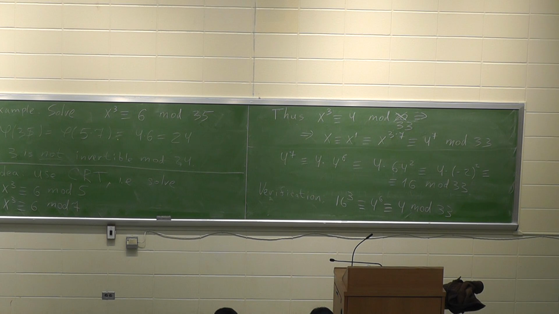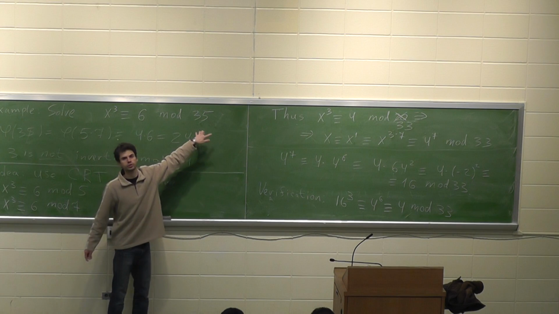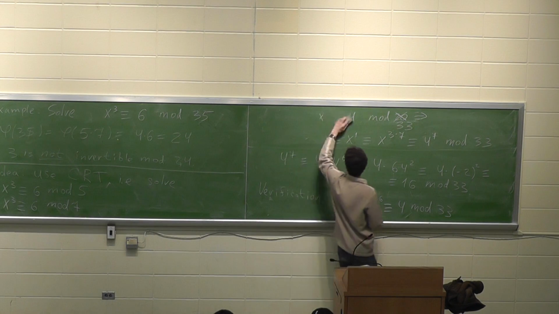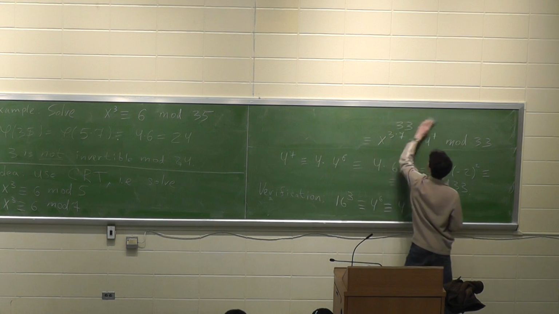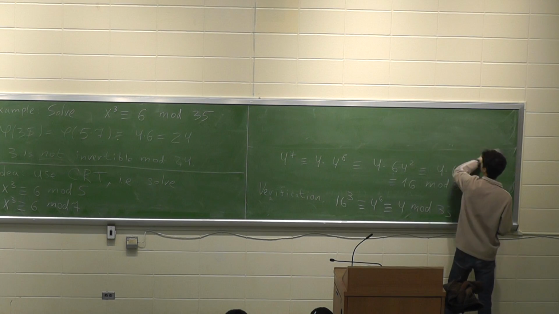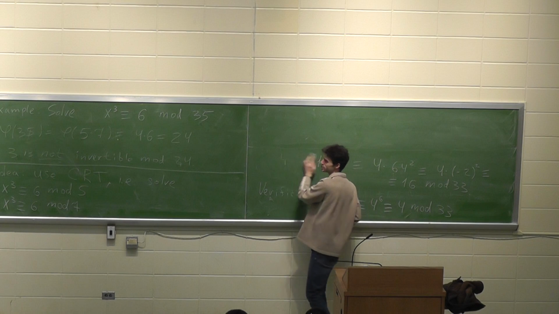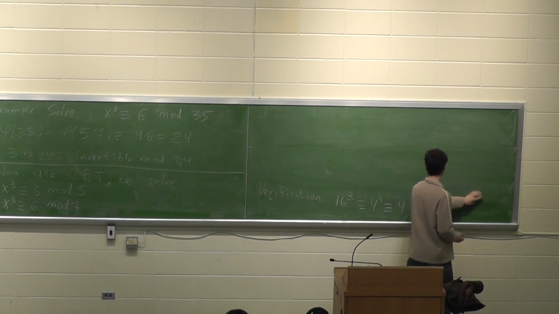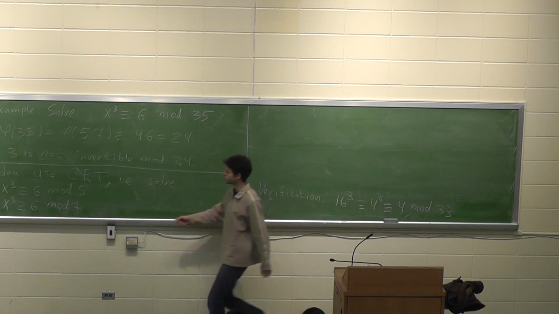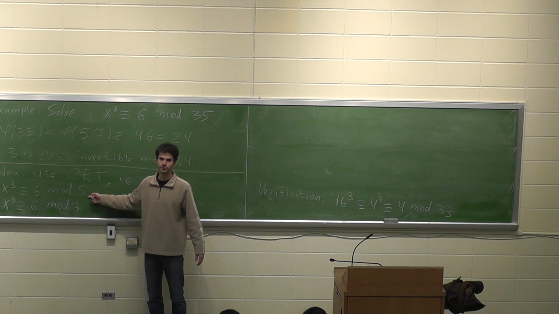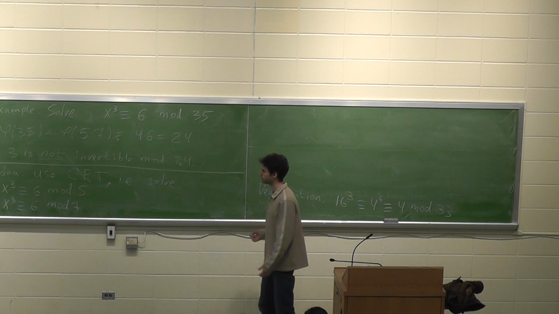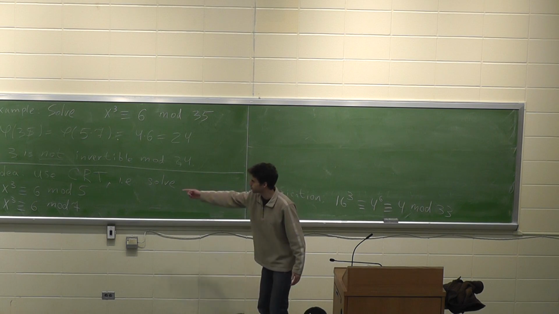We know that by the Chinese remainder theorem, these two congruences are exactly the same as this one congruence. So these two congruences are much more pleasant because we can solve them by just trying all possibilities. There aren't that many. Here we have 5 remainders, here we have 7 remainders. Just let's try all of them.